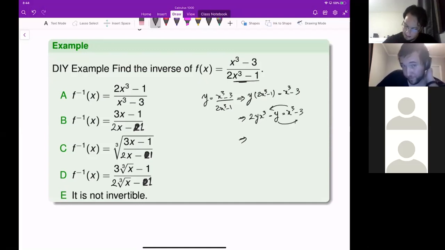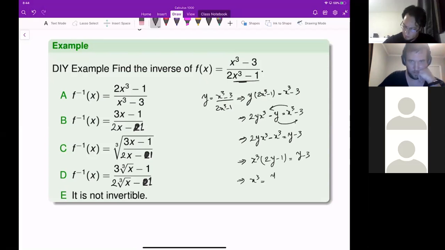And this is 2yx cubed minus x cubed equals y minus 3. And from here, I factor out x cubed: x cubed times (2y minus 1) equals y minus 3. And x cubed is (y minus 3) over (2y minus 1). So all these guys are supposed to be x minus 3.